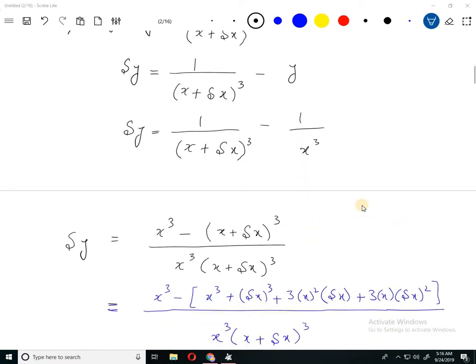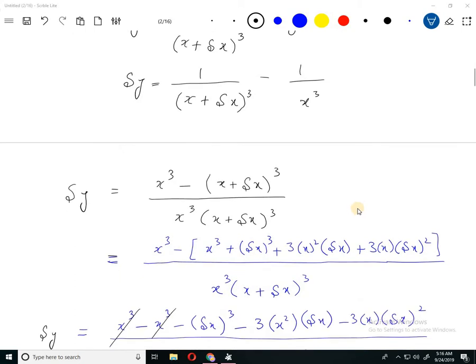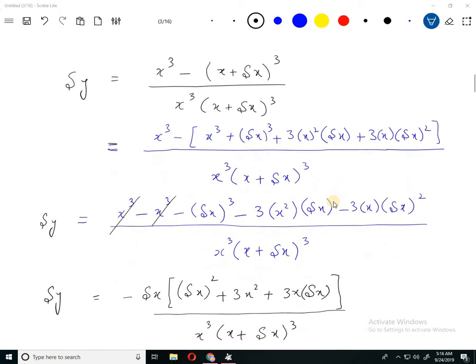Now I can take the LCM. After taking the LCM, I got this one. Now I can expand this cubic term by using the cubic formula: x cube plus delta x cube plus 3x square delta x plus 3x delta x square.